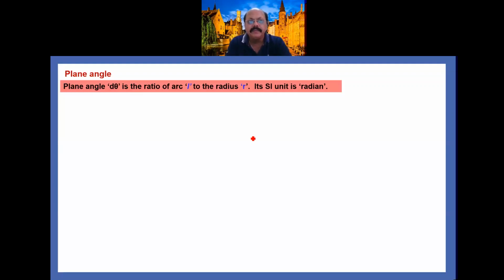Plane angle is basically defined by the simple concept of the angle, that is angle equal to arc upon radius and measured in radian.